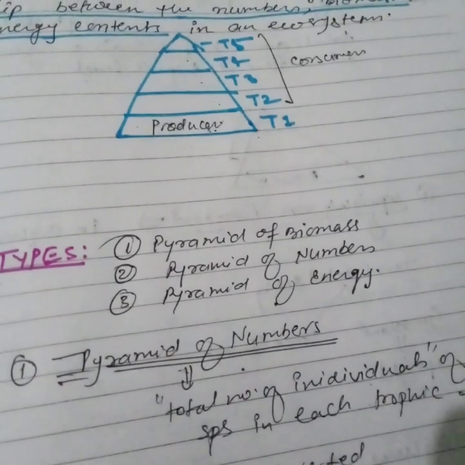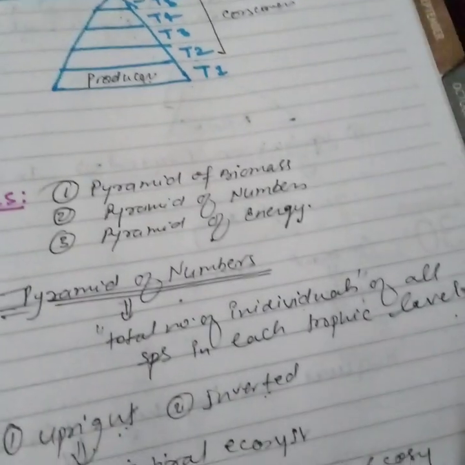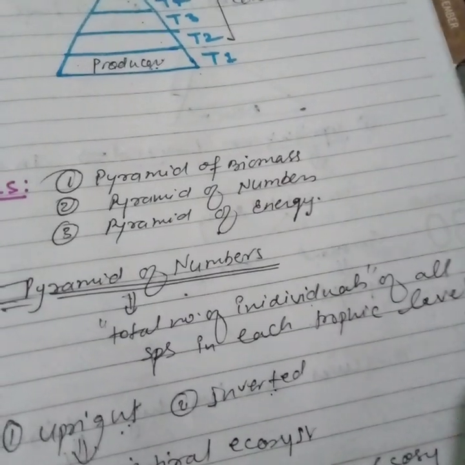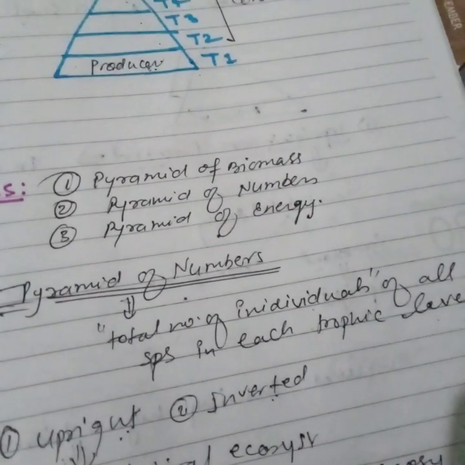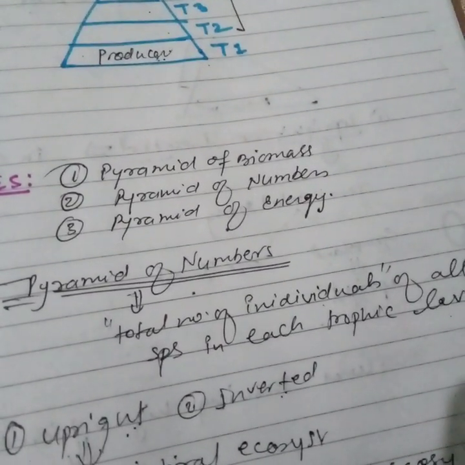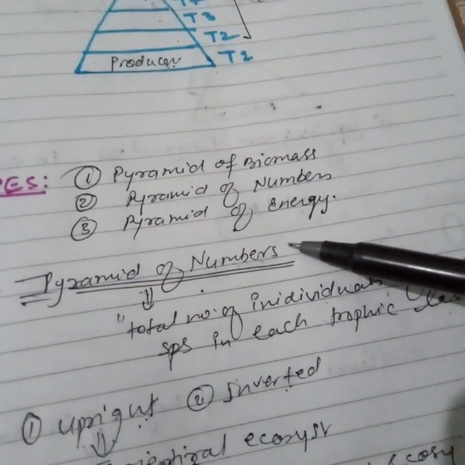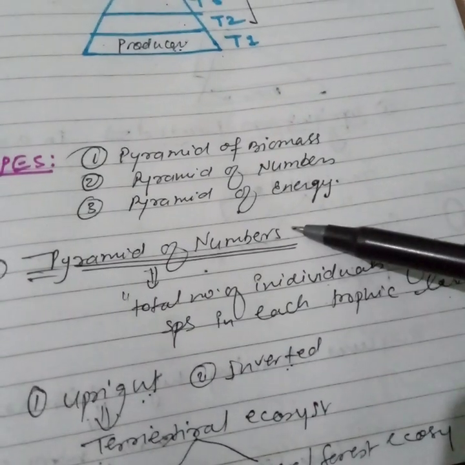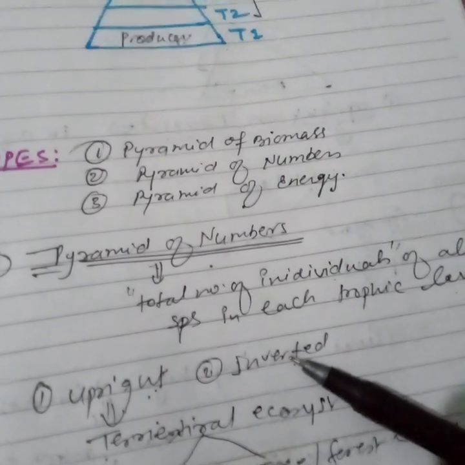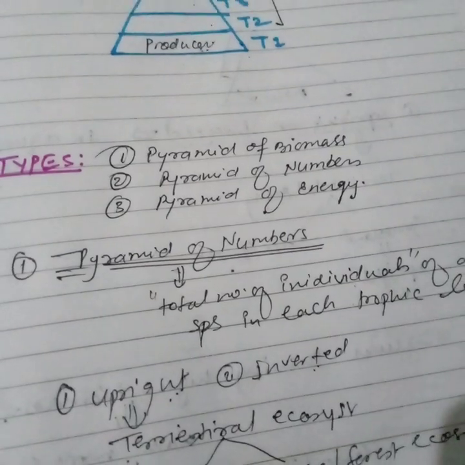It refers to the total number of individuals of all species in each trophic level. Clear? So in every trophic level, how many total individuals of species there are, that is what the pyramid of numbers tells. Clear? So the pyramid of numbers can be upright or it can be inverted. So the shape of the pyramid of numbers: upright or inverted.